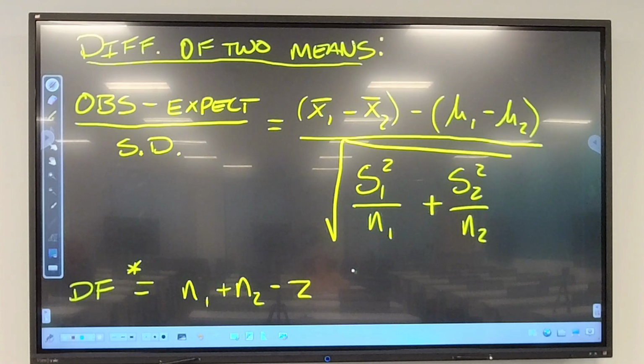But this is only for if the two groups have equal variance.